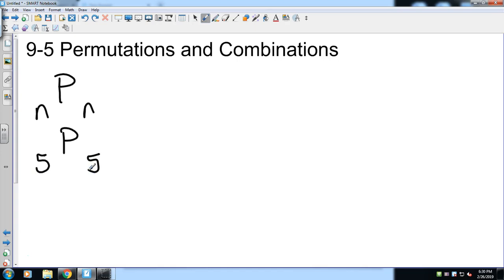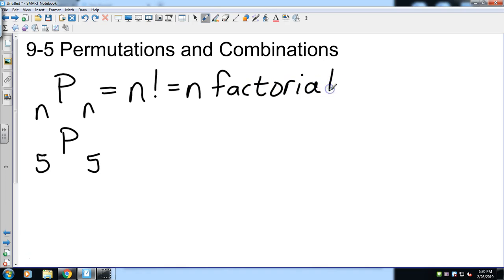And so what that looks like is what's called a factorial, and this is said 5 factorial.